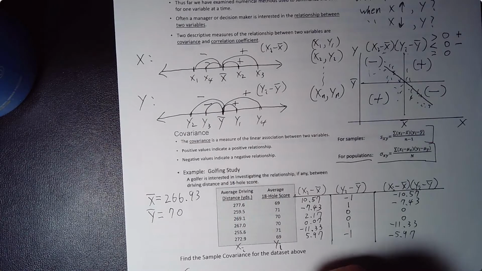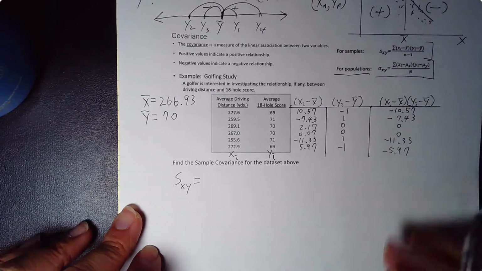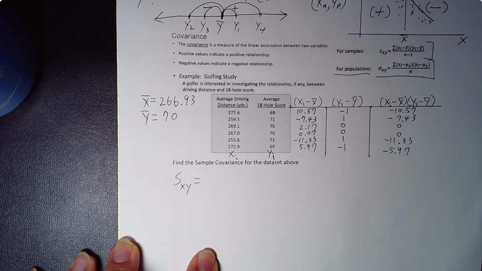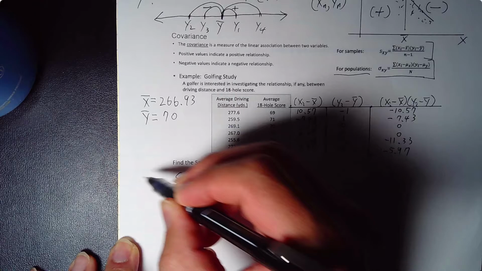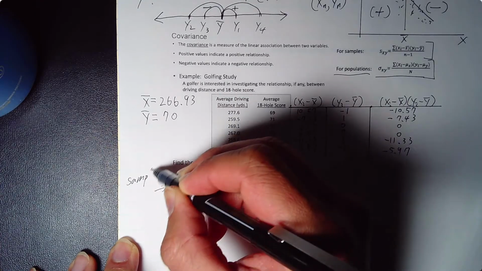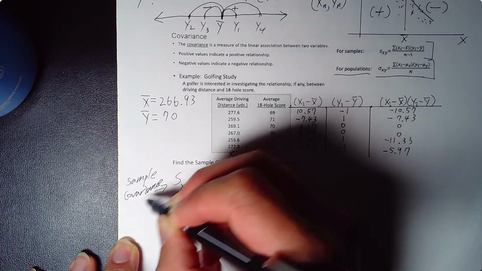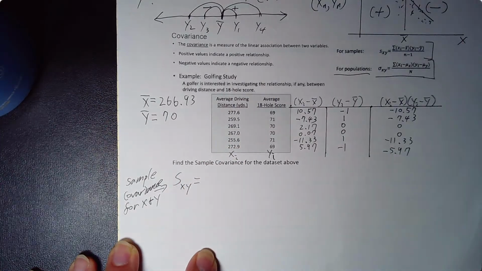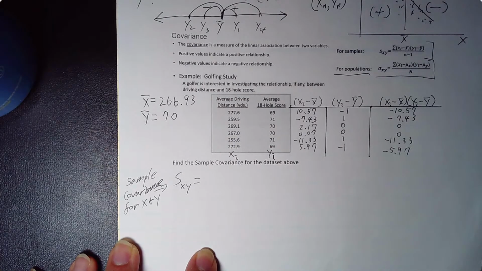So make sure you use the subscript here to indicate that this is a covariance. By writing this, this is your sample covariance for x and y. That's my shorthand for "and." Feel free to borrow that.